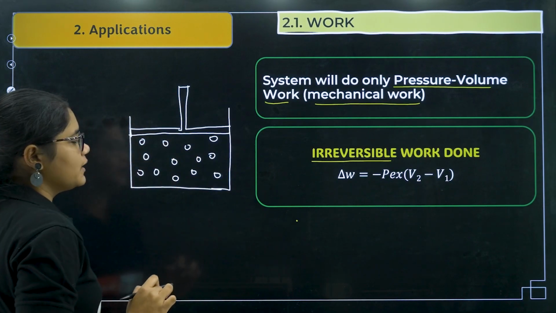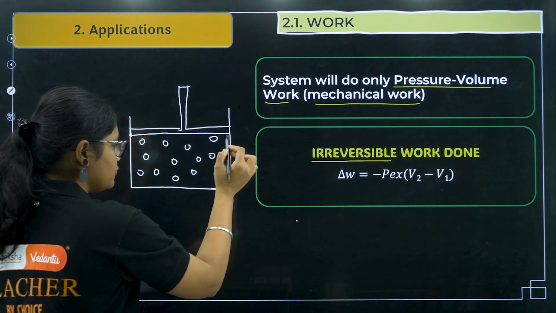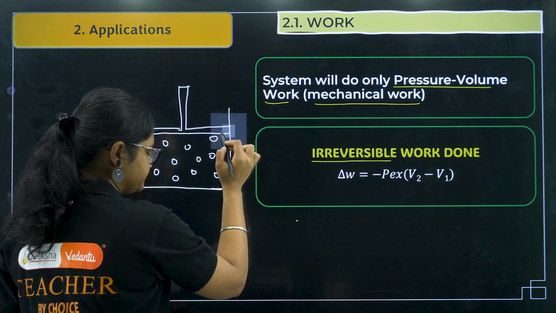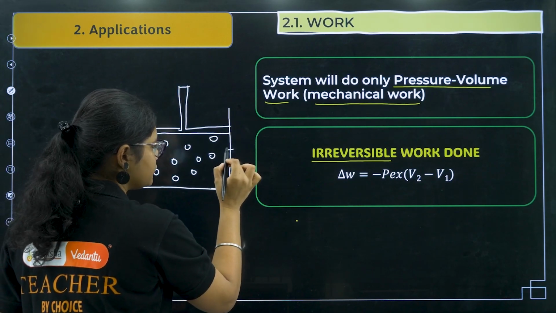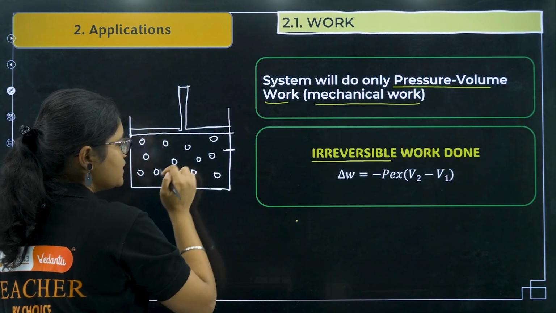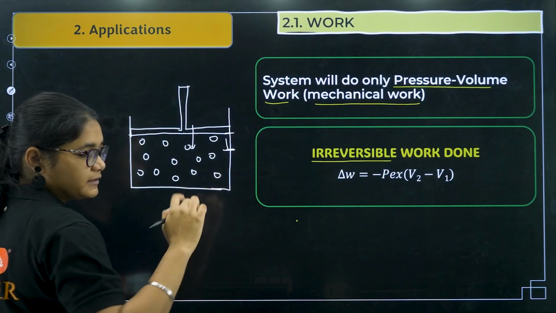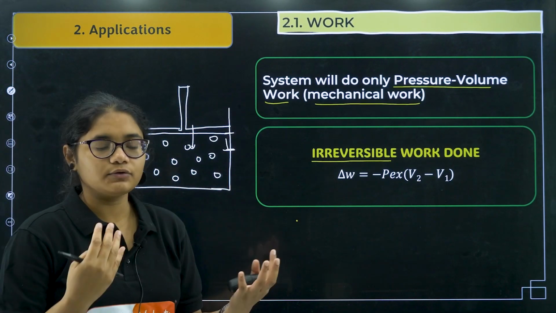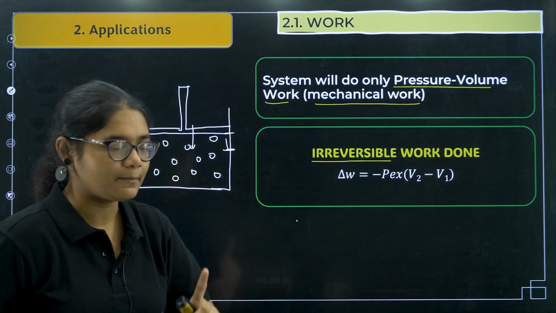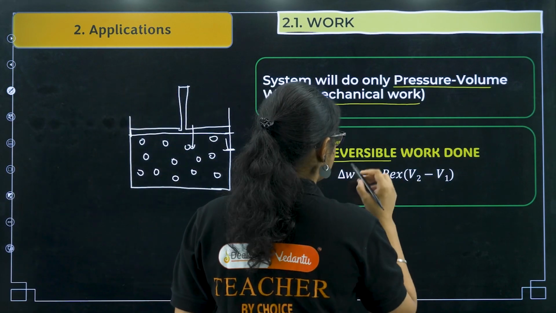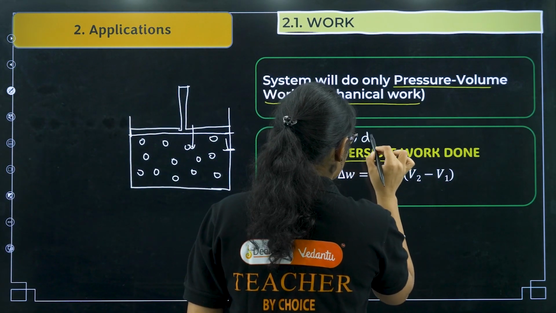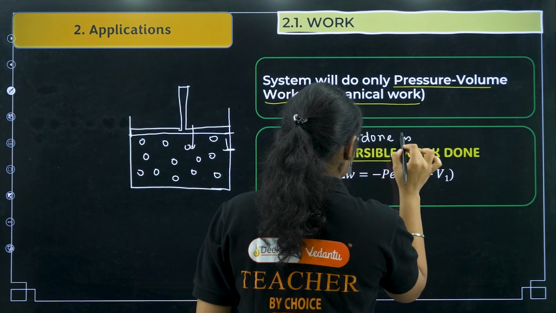Now suppose you want to compress the gas from here to here. Suppose you did it in one step, you just pushed it directly to this place, meaning the entire thing that you want to do you did in one particular step. That is called an irreversible process, when done in a single step.